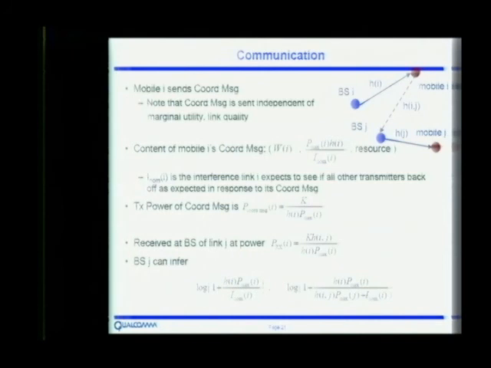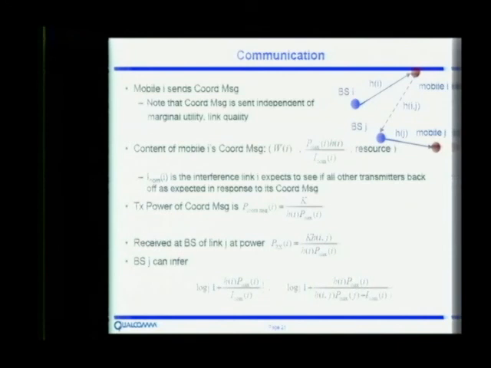And the 2 quantities which you infer at the interferer are the rate that this link I would see if the interferer backed off completely, and the rate that this link I would expect to see if this interferer transmitted at maximum power. So that's from the cross-link gain times maximum power plus the nominal interference.